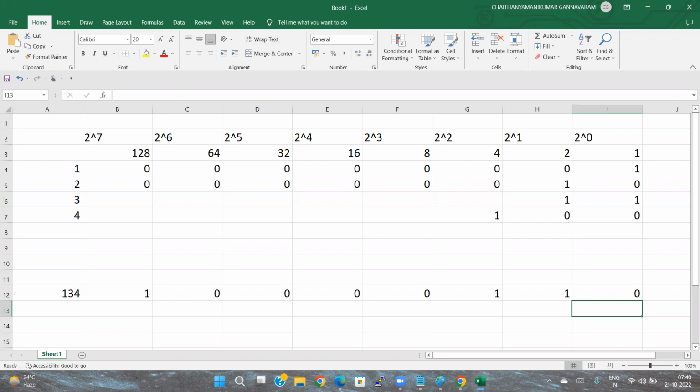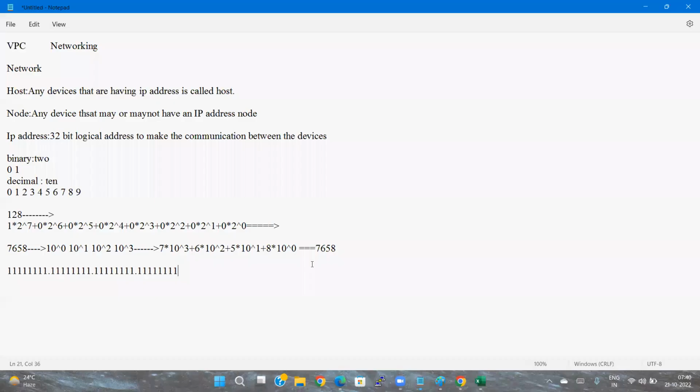Okay, fine then. Now this is what we are going to write. We are having 8 binary numbers, and these 8 binary numbers can be converted as a decimal number. We are having only 2 numbers, 0 and 1 in the binary number format. If the octet is consisting of all zeros, then the number will be 0.